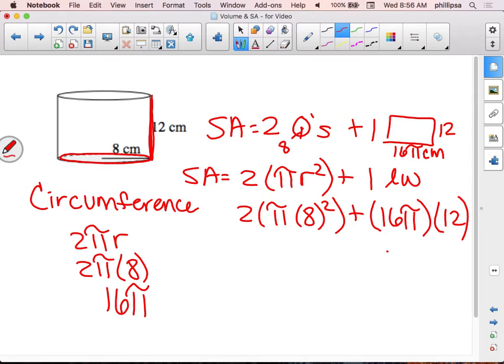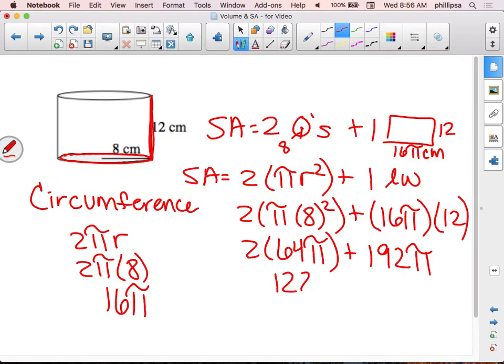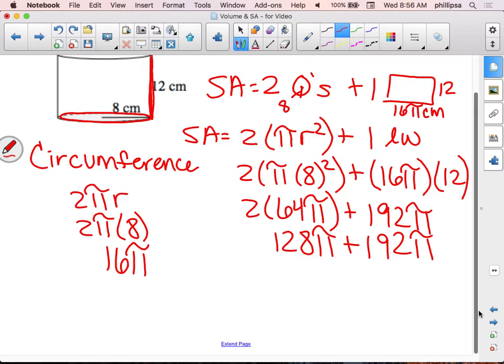So I have 2 circles that have an area of 64 pi each, and my rectangle has an area of 192 pi centimeters squared. So I have 128 pi for my circles and 192 pi for my rectangle.